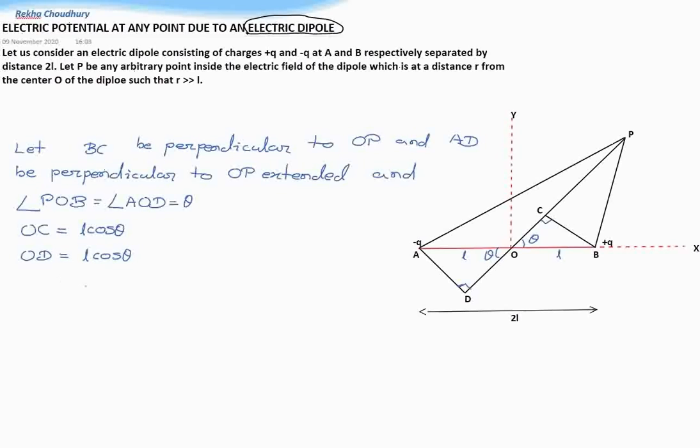Now, AP is equal to how much? From the diagram, AP is equal to PD, but PD is equal to OP plus OD. Here OP is equal to r, as the observation point P is situated at a distance r from the center of the dipole, plus OD is equal to L cos theta.